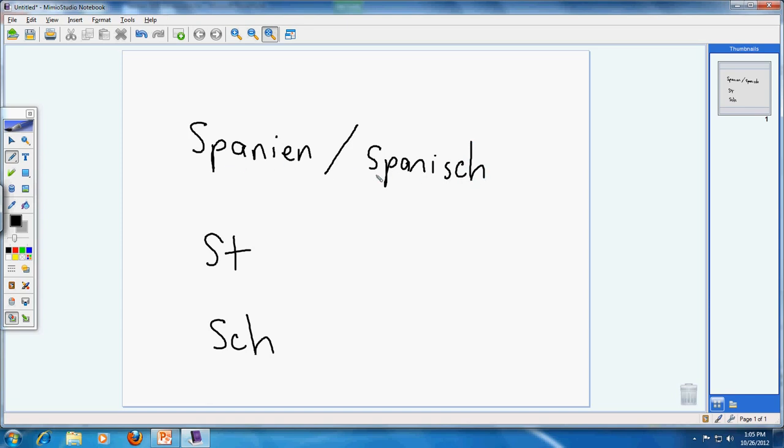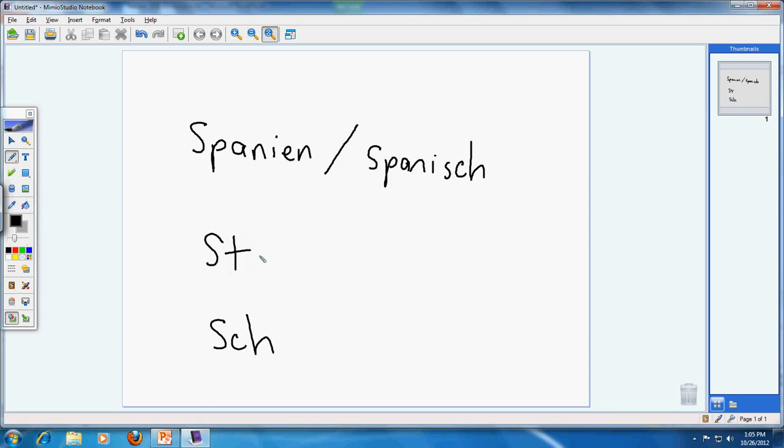Spanien, Spanish, gut. So Spain and Spanish, but we don't pronounce that the same way we would in English. It's going to have that sh sound as if you're telling someone to be quiet or to shush someone. Spanien, Spanish, gut.